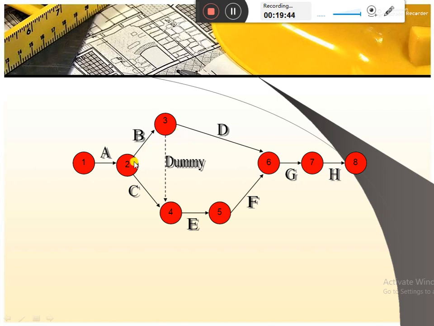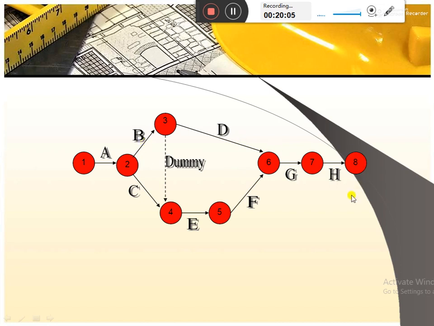It is the distant one, because it has been completed even before starting activity B. So in case of D, activity B would be known as the immediate predecessor, and activity A would be the distant predecessor.